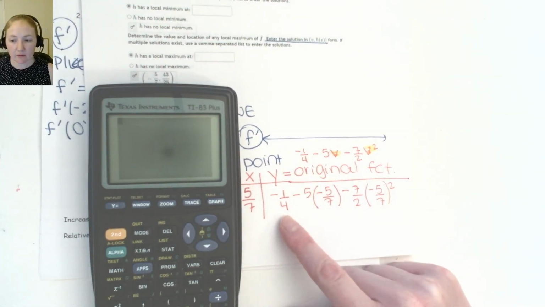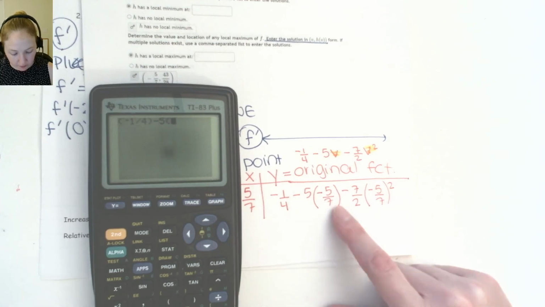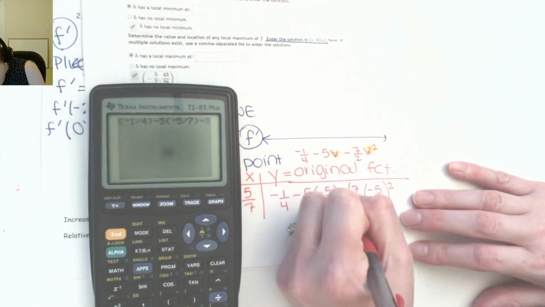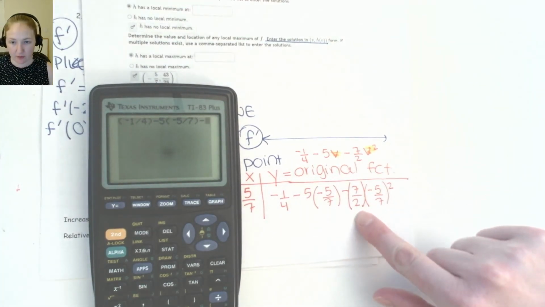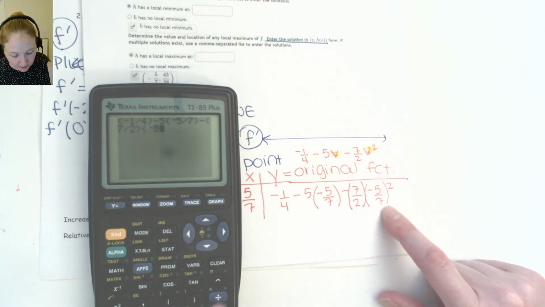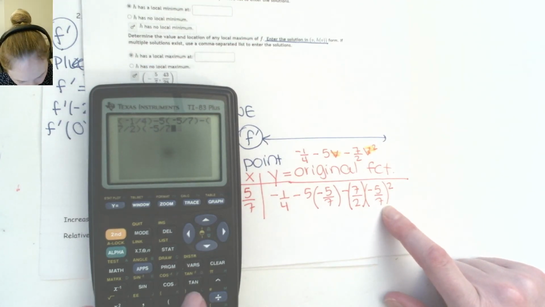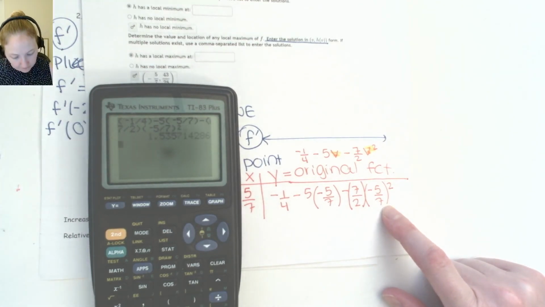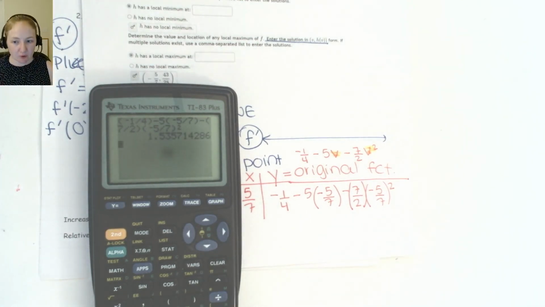If you do that, I would just be really careful with your parentheses. So put parentheses negative 1/4 minus 5 parentheses negative 5/7 minus, and then I would make sure to put parentheses here so that that is all multiplied by the negative 5/7 squared. And you'll get some crazy decimal.